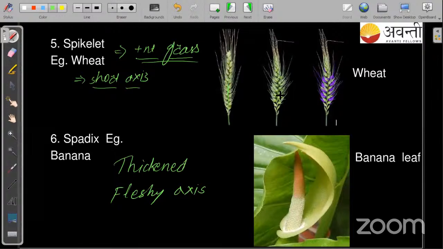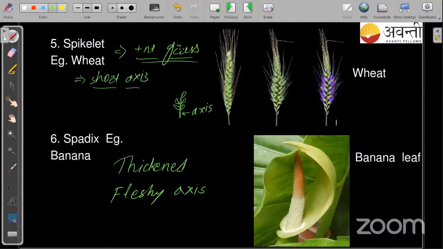Short axis in the sense this is the central part, where the grains, or we can say flowers, are attached. This part is the central axis.